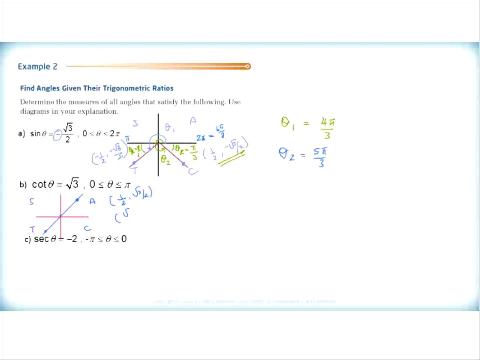Another possibility could be root 3 over 2 and 1/2. So we're not quite sure at this point what the coordinates of that point are. It could be one of these two possibilities, because we know it has a root 3 in it. We do know that cotan of an angle is equal to cosine over sine.